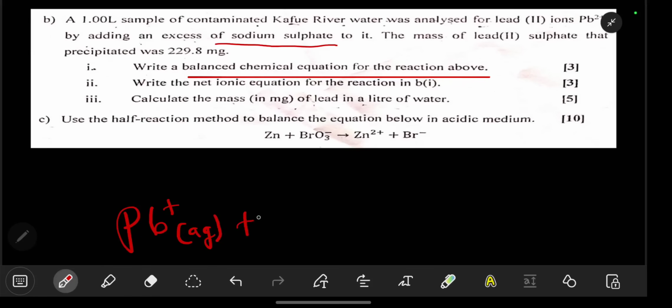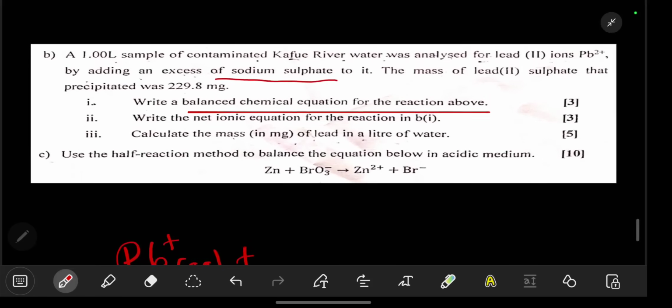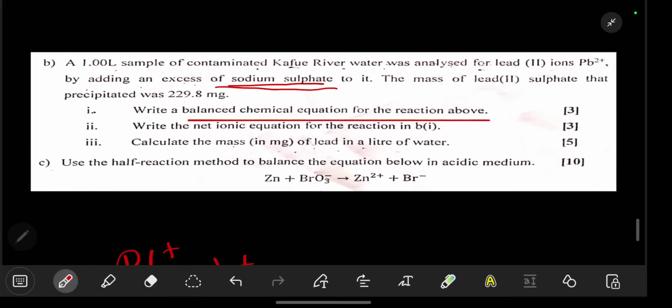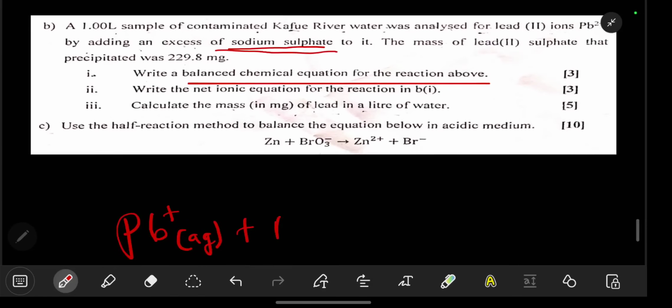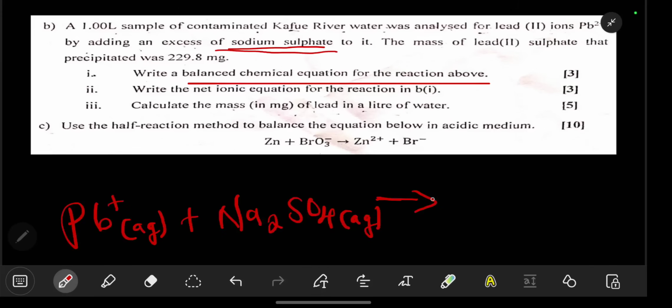We add aq. Plus the excess of sodium sulfate, Na2SO4 in aq, to produce lead sulfate.